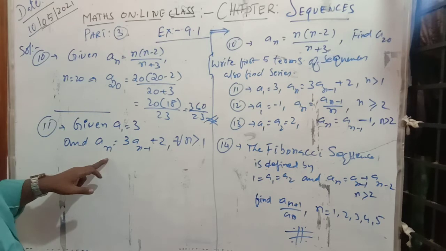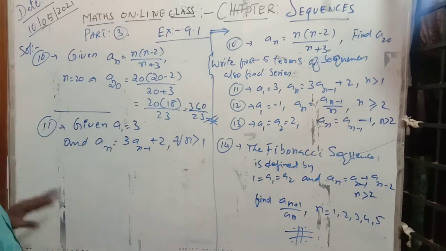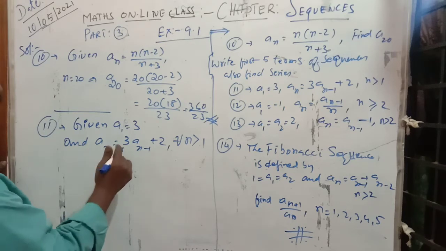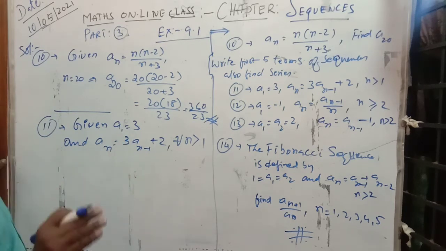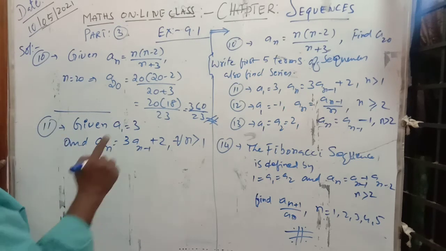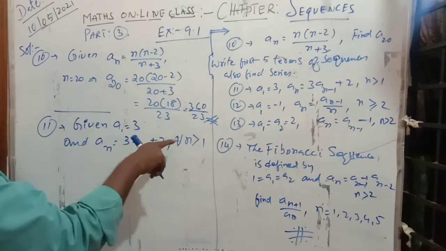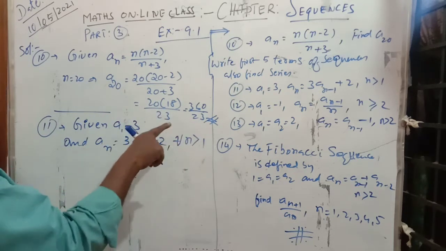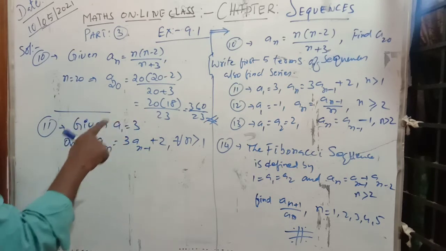A1 is already given as 3. For n equal to 1, a0 is not there; only the terms a1, a2, a3 exist. So n is greater than 1 because a1 is already given as the first number.